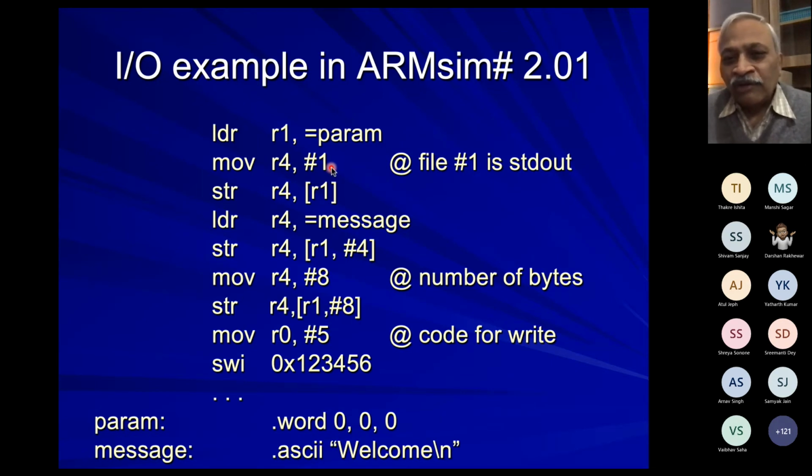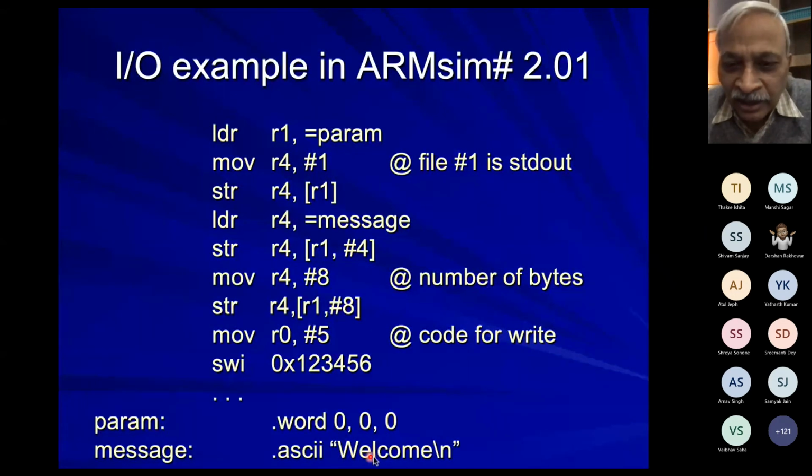Okay, how do you work with files? I think we'll discuss that sometime later, but here I'm just indicating how to write on standard output. The second word is filled with the address where the information to be displayed or written is stored. And the third one is giving the number of bytes.